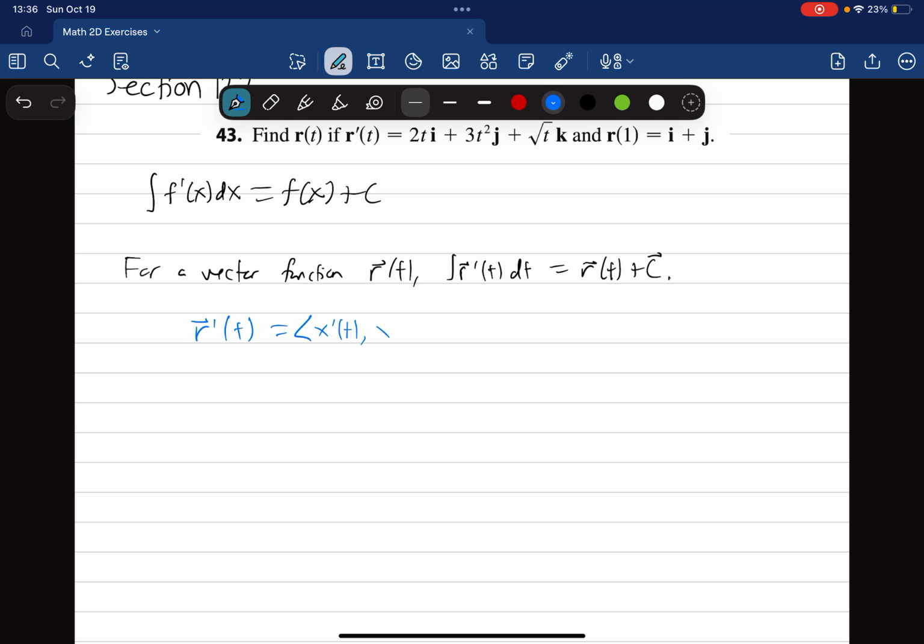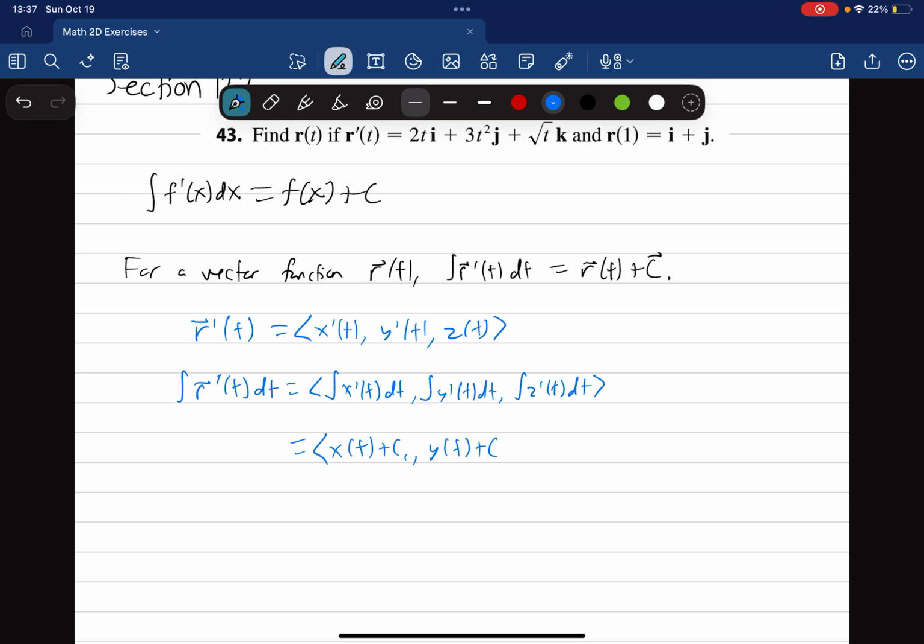One way to see this is that if we write the derivative of r as x prime of t, y prime of t, z prime of t, then remembering that we integrate component-wise, this will be the integral of x prime of t dt, integral of y prime of t dt, and integral of z prime of t dt. And this in turn will be x of t plus some constant c1, y of t plus some other constant c2, and z of t plus some other constant c3.